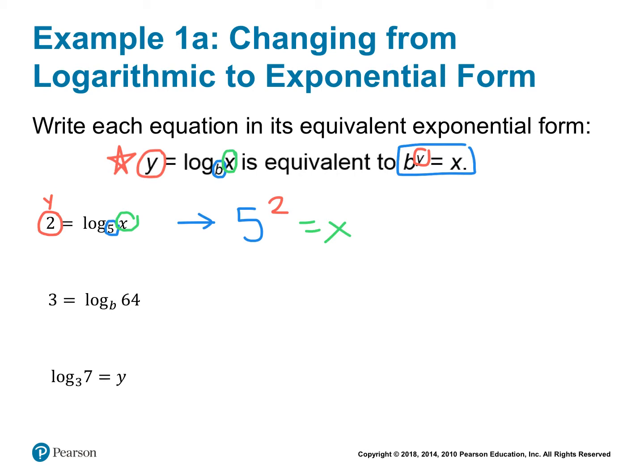Okay, let's try another one. The b is still the b, so we'll leave it. Then if my 64 is the x, it's going to go on this side. And my 3 is the y, so it's going to go up here. So b to the third equals 64. Now we're not solving, we're just writing its equivalent exponential form.